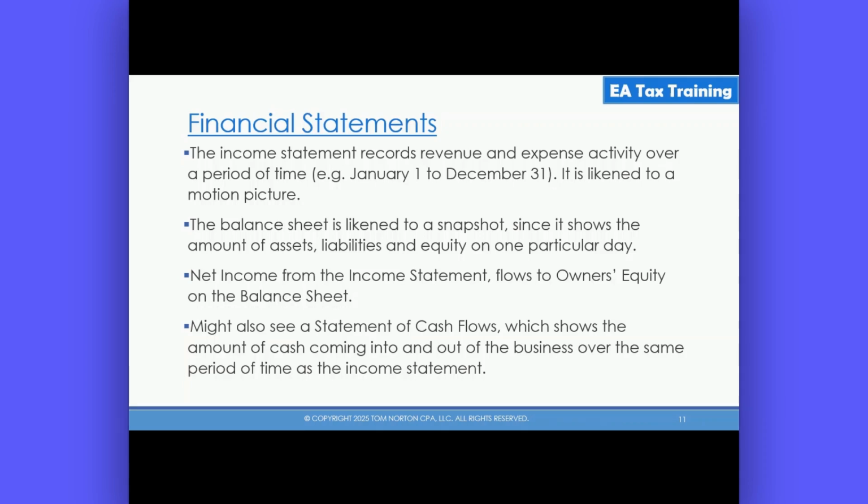So they will write notes to give more explanation about some of the numbers. So those are called notes to the financial statements. So it can be really interesting to do this. Think of a company or a business that you're familiar with, that you do business with on a regular basis. Get a copy of their financial statements and just look through those and see what it looks like. I think it will be instructive for you.